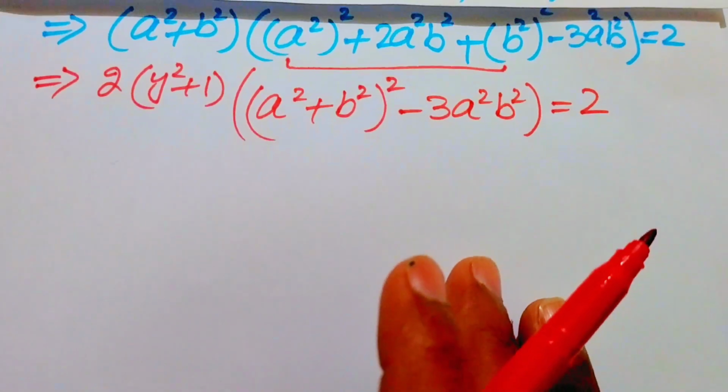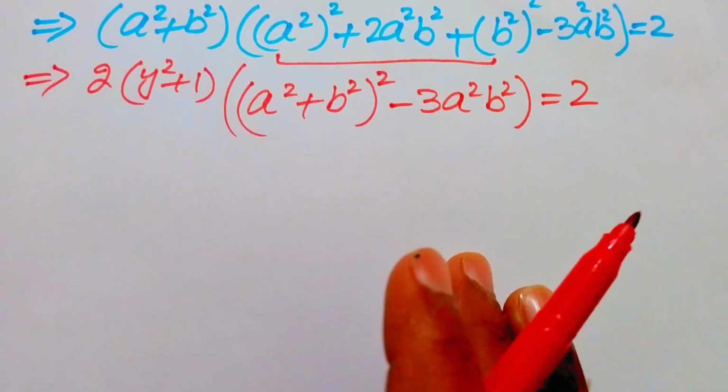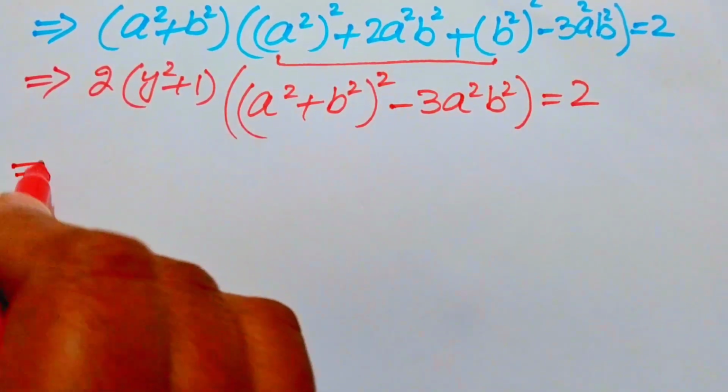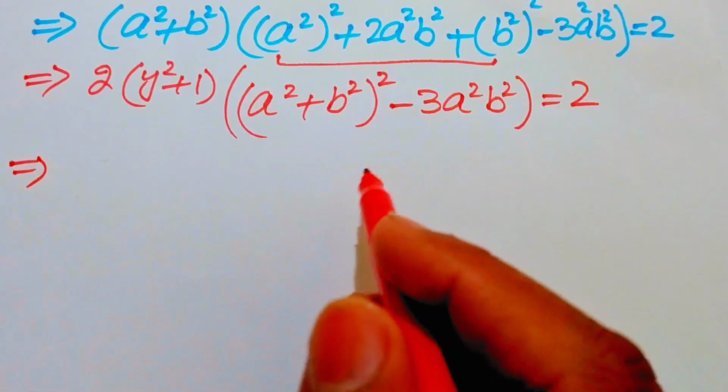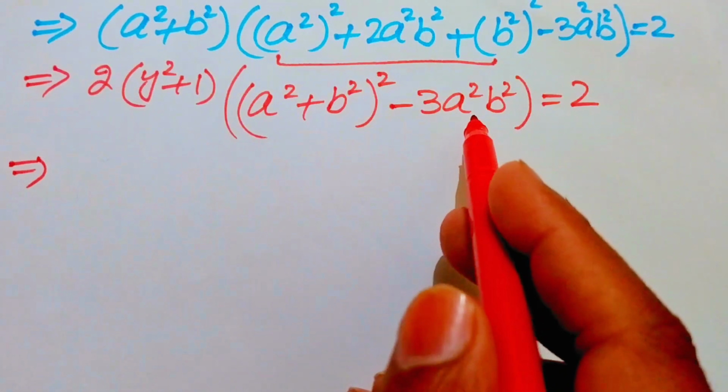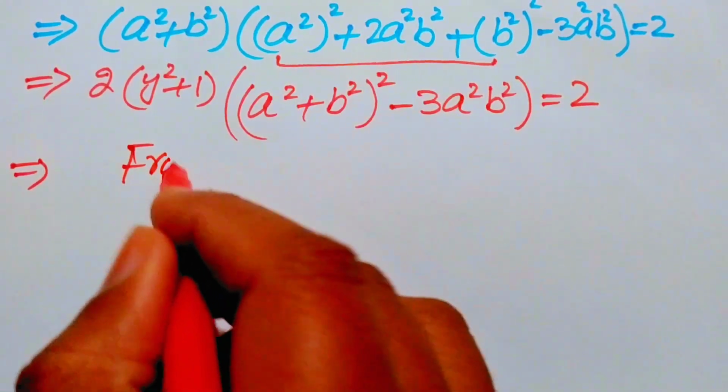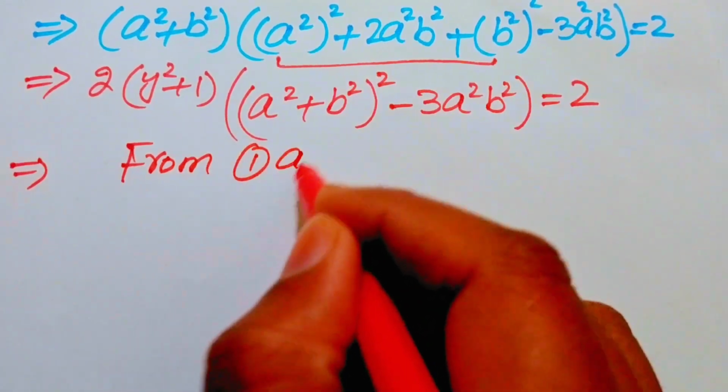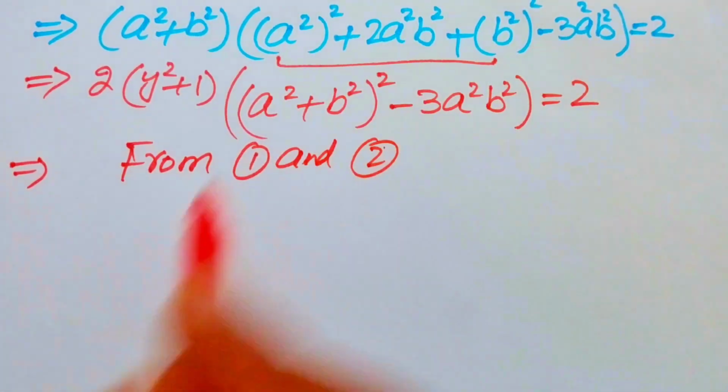And now we again put the value of a square plus b square here, and we substitute the value of a square multiplied by b square here, so that we use equation number 1 and equation number 2.